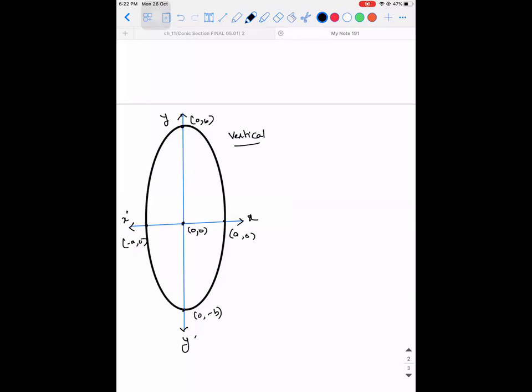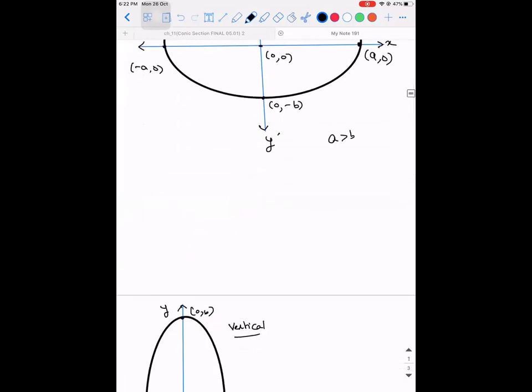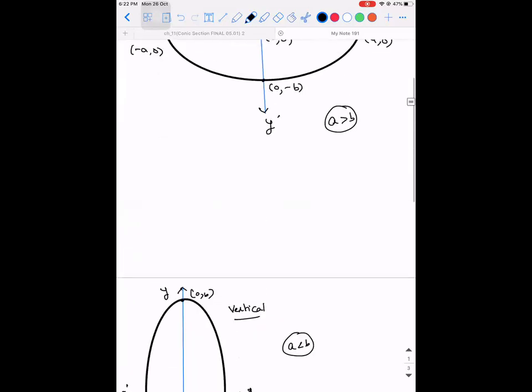Now comes the question. Here, see, a is greater than b. Here I can say a is less than b. So here, what is 2a called as? 2a is called the major axis and a is called the semi-major axis. Similarly, what is 2b called, guys?